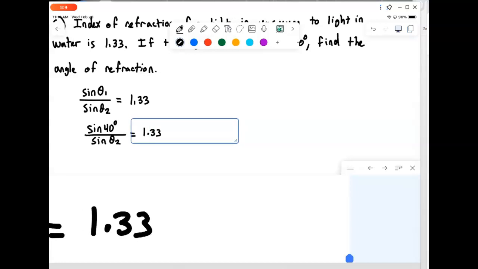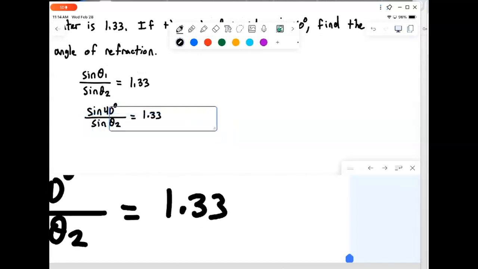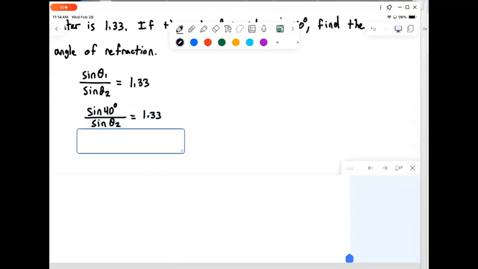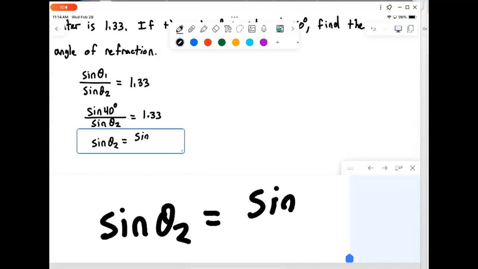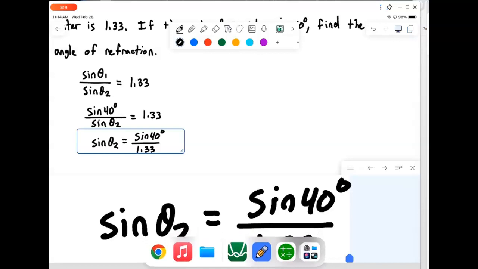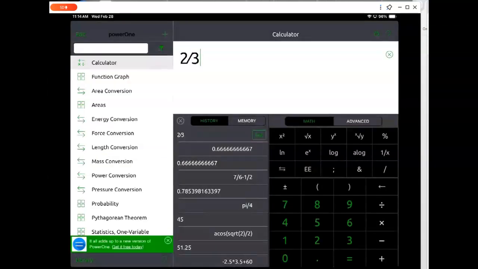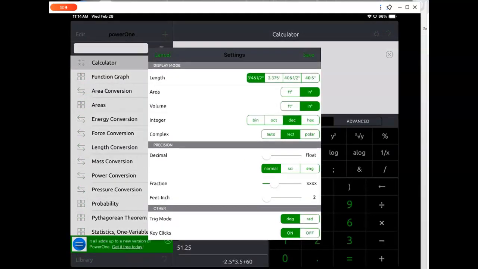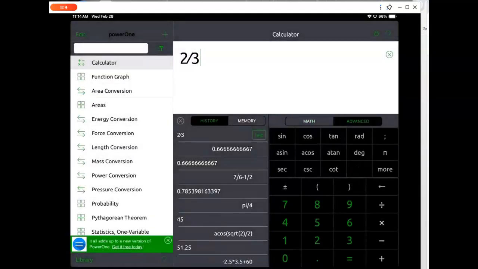So we just flip-flop the sine theta 2 and the 1.33. Get sine theta 2 equals sine 40 divided by 1.33. And then this becomes a calculator problem. We make sure here again we're in degree mode because they want angles in degrees here.